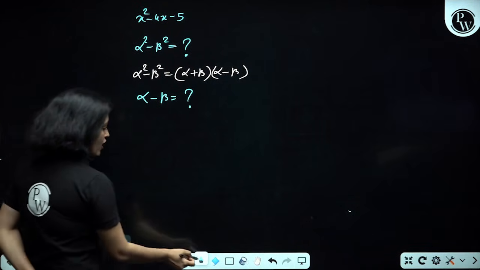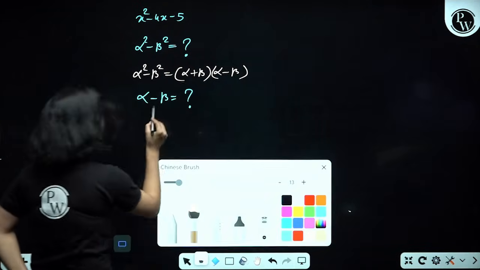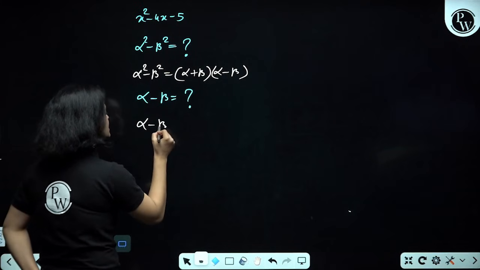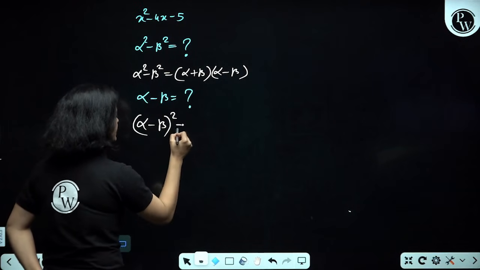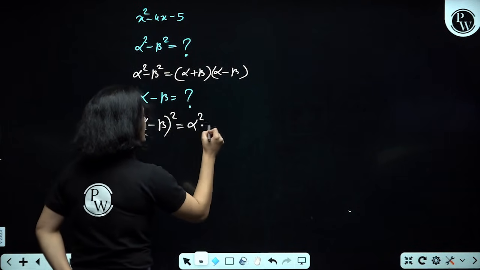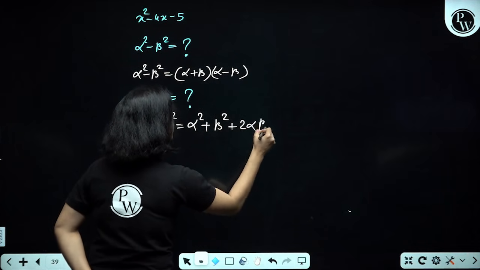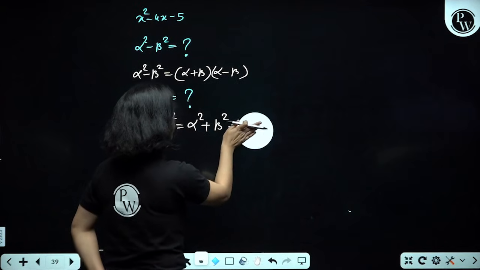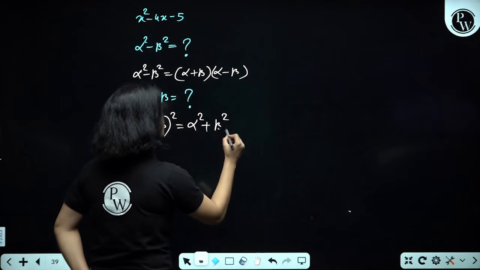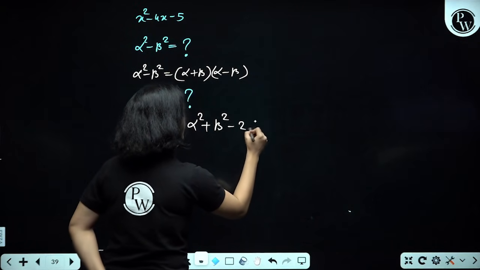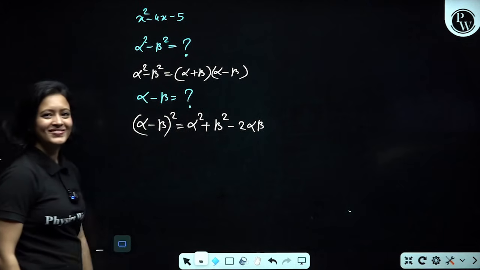For alpha minus beta, everyone, again use the alpha minus beta whole square identity. What do you get? Alpha square plus beta square minus 2 alpha beta. My fault, guys. Minus 2 alpha beta. Right, everyone?